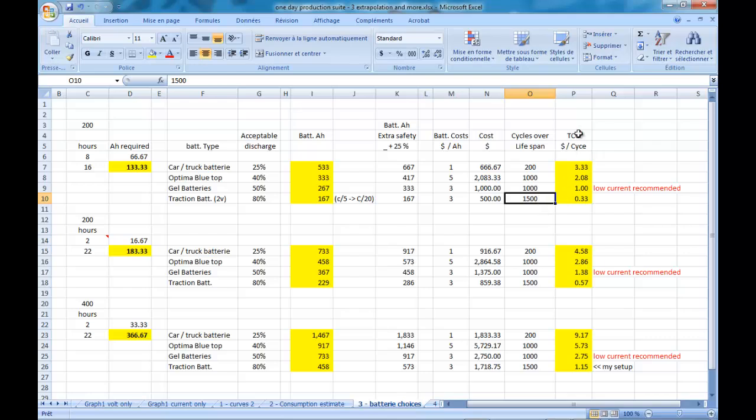So the total cost of ownership is quite the opposite of the price of the battery. Now you can see that the most expensive is the cheaper battery, and then the Optima Bluetop, and then the gel battery, and finally the least expensive is the traction battery.